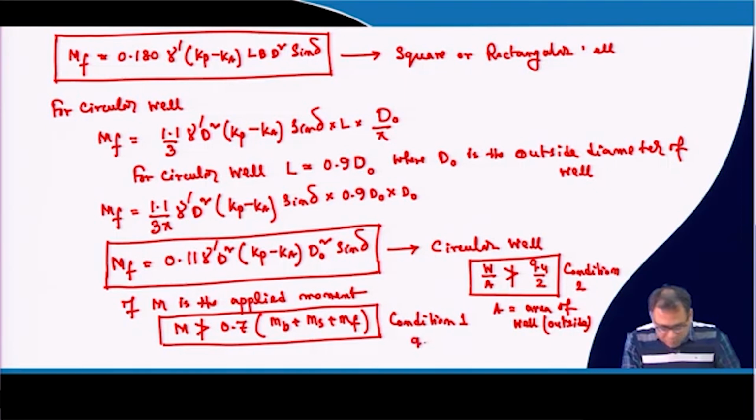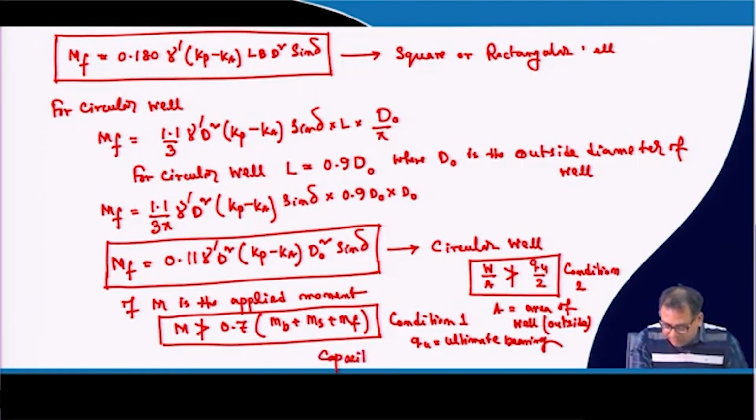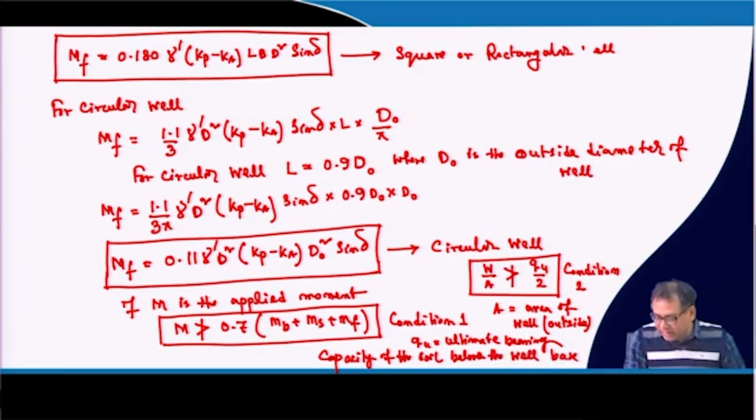Then Q U is the ultimate bearing capacity of the soil below the well base, and this 2 is the factor of safety.